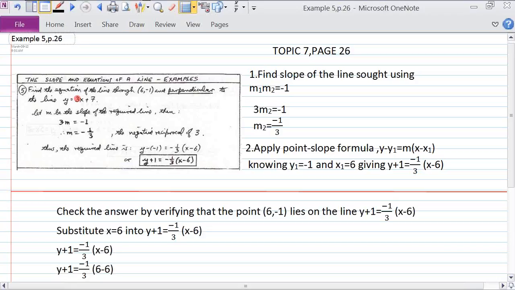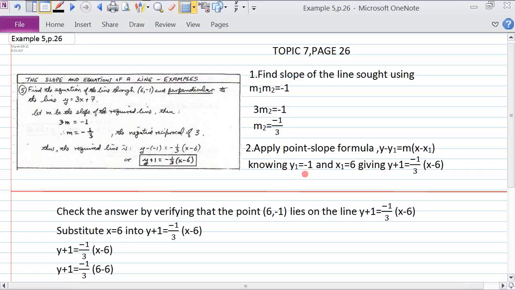So 3 over 1 becomes 1 over 3, and we change the sign. And that's how we get minus 1/3. So we now know that we have the slope of this line, and it has to go through (6, -1). So now we've got a point and we've got the slope.